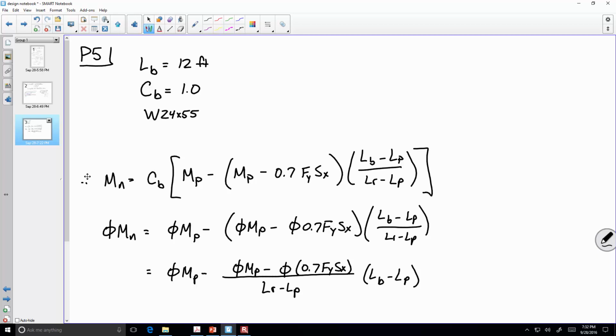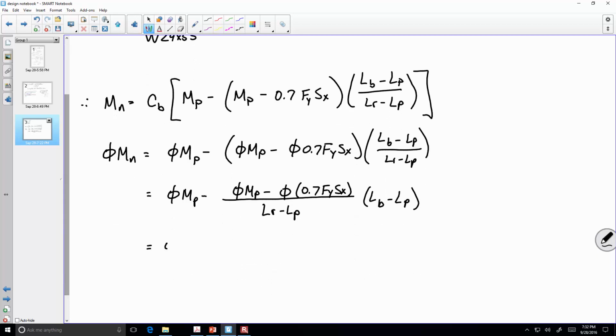I propose to you that this big fraction that you see right here, I propose to you that that is your beam factor. What's that? It is, I promise.